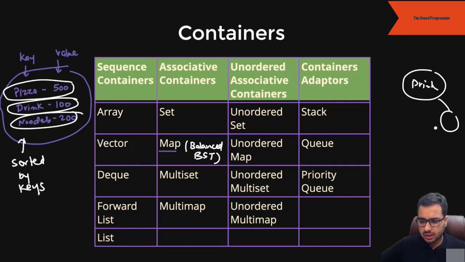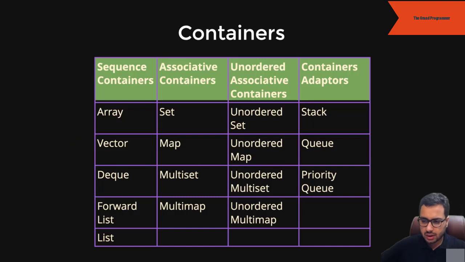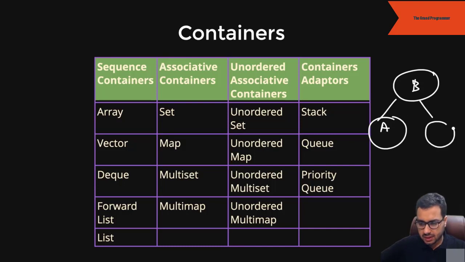So it is going to use a tree-like structure to store the items, and they are going to be sorted. For example, A, B and C. You can see this is a height balanced BST, because the items are sorted by their keys. If you do in order traversal of this tree, you will get a list of all items sorted by their keys. And you can even perform searching by going through this data structure.